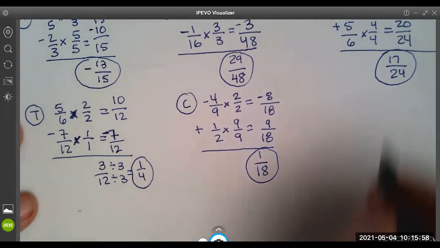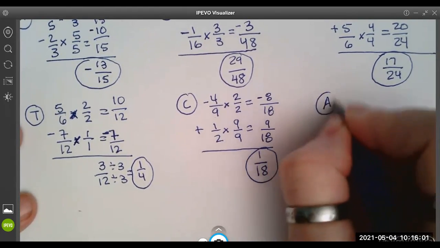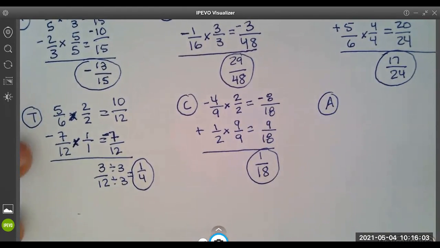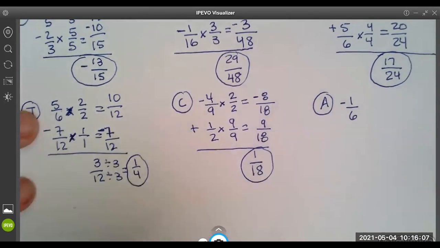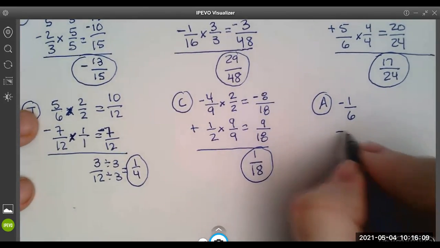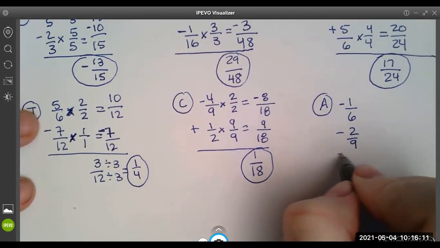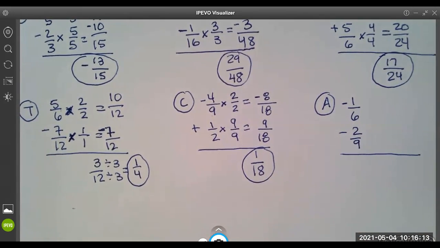Okay, my next letter is an A. I'm gonna have to go on a new page too. -1/6, -2/9. Does 6 multiply to make 9?